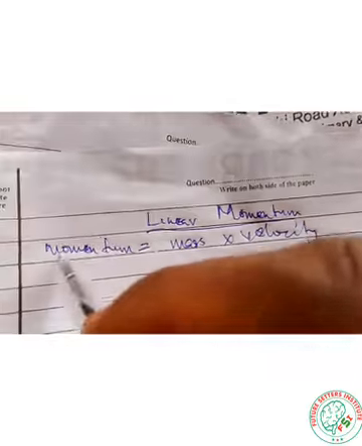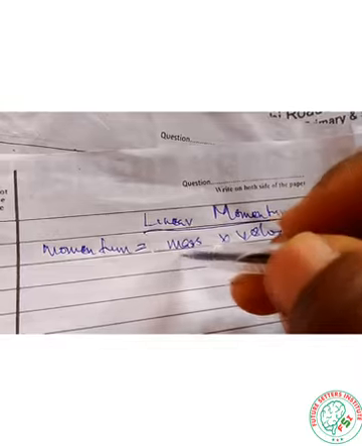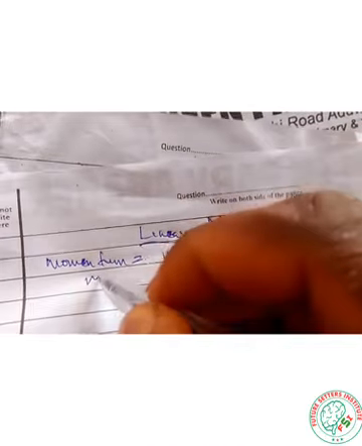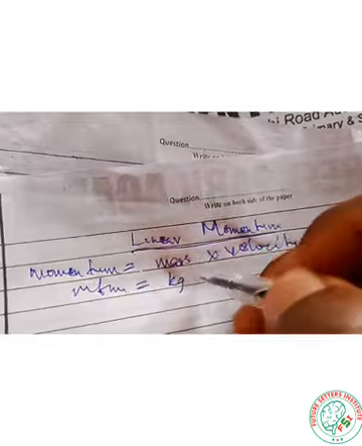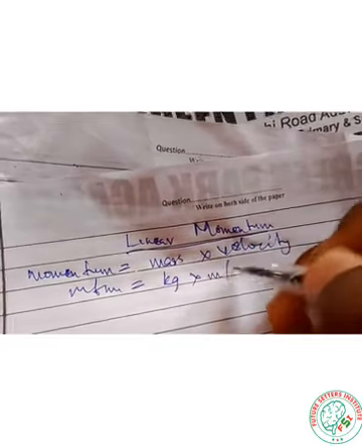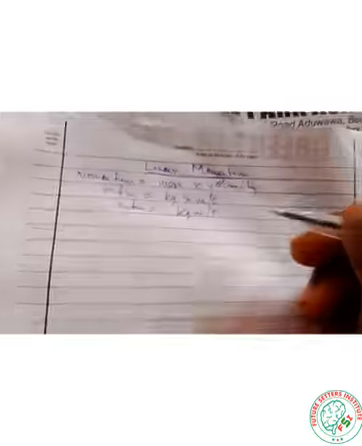The unit of mass is kilogram, and the unit of velocity is meter per second. So the unit of momentum is kilogram meter per second.